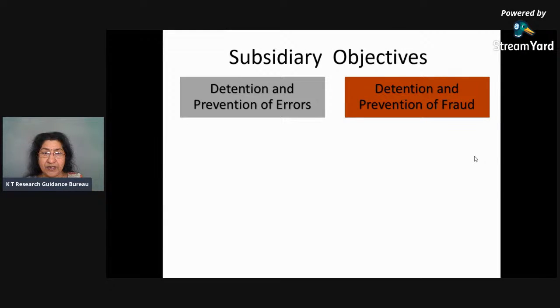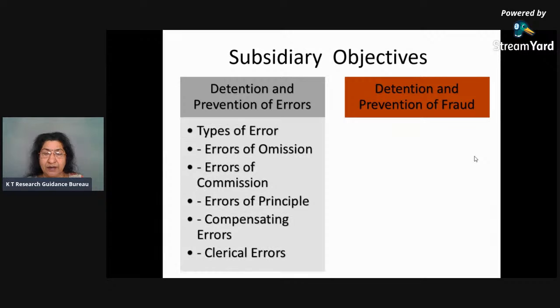So far as errors are concerned, there are several types of error. Right now, I will give you the list and afterwards we will discuss it. First is error of omission. Second is error of commission.